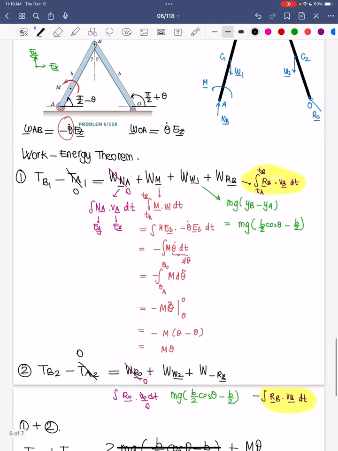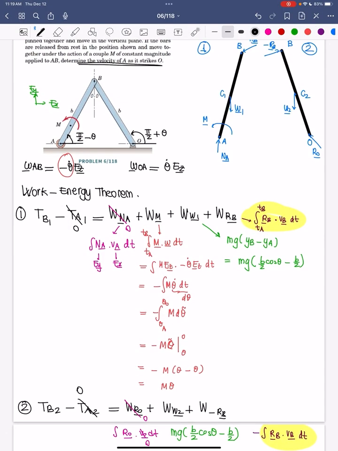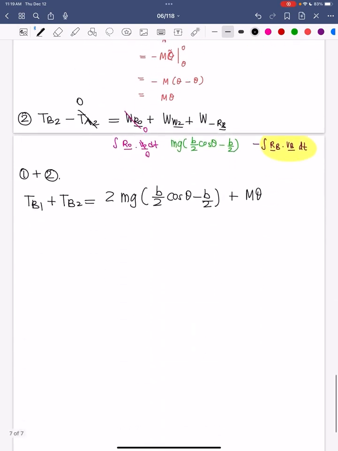Okay. Well, the kinetic energy of the second bar undergoes fixed point rotation. So I can write the kinetic energy of it, TB2, as half I, so it's basically half HO dot omega, which simplifies to half 1/3 mb squared times theta dot squared at time b.